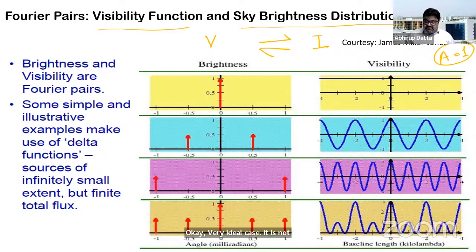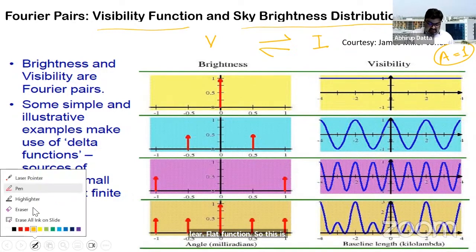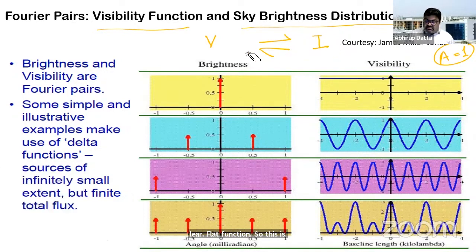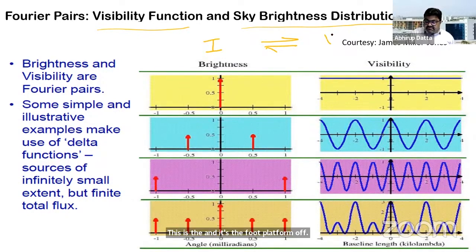It is not real. This is the brightness I, and it's the Fourier transform of V, the visibility, and we assume that A is equal to 1.